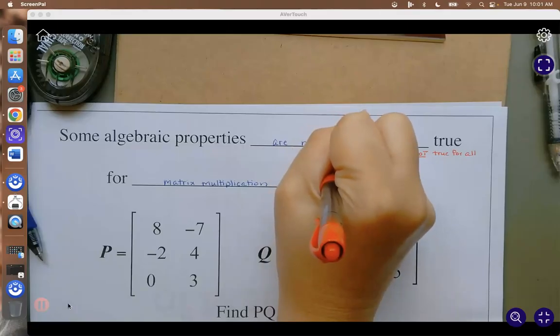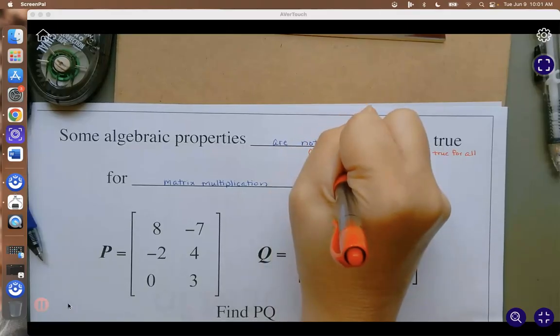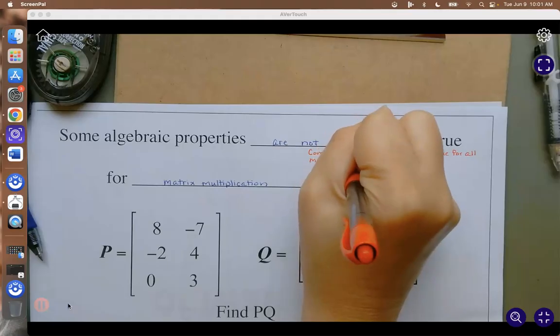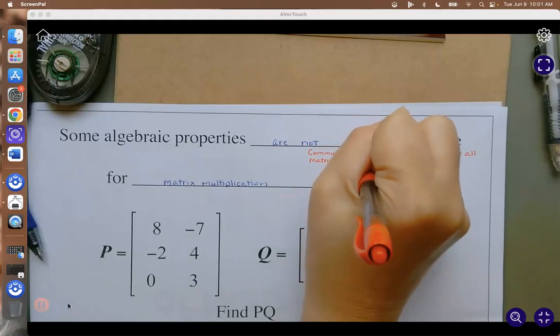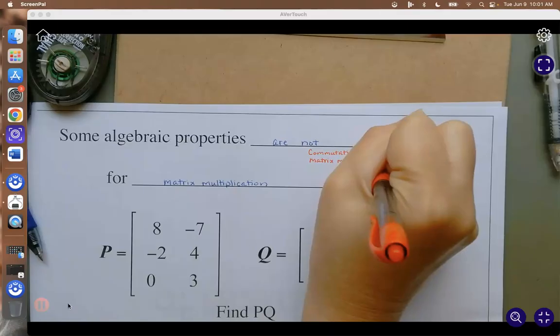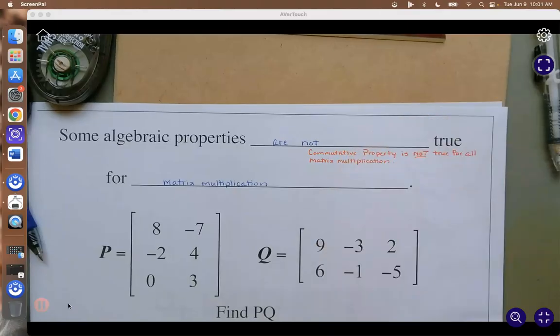Okay, sometimes you can flip them around and it'll work, but sometimes it won't. Unlike normal multiplication where 3 times 2, 2 times 3, same thing.